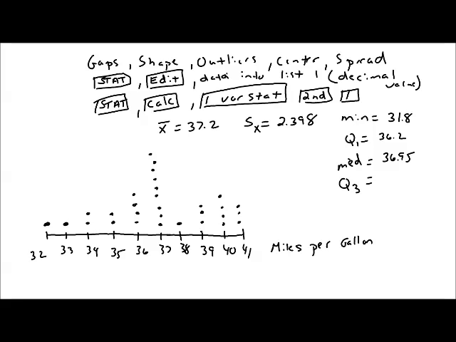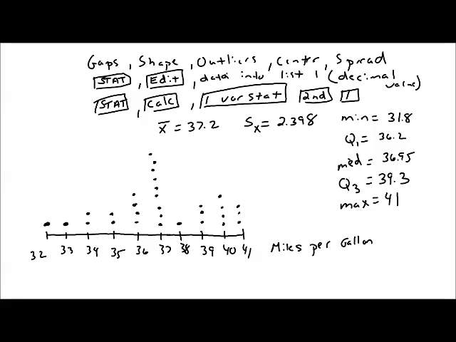Q3, or your third quartile, is 39.3. And 41 is your max. Okay?